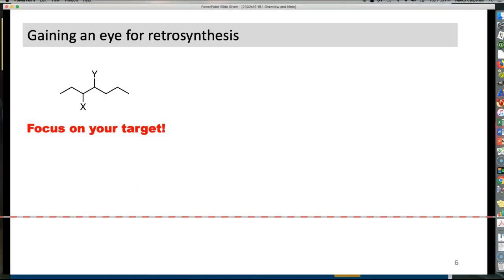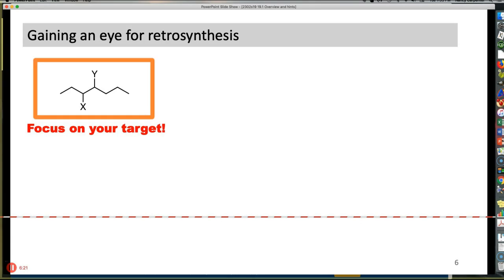Now the other aspect of the introductory material of Chapter 19 is this idea of getting hints from your target molecule. As you know, I'm always telling you to work backwards from your target. Just look at your target and say, what hints can I get from looking at this molecule?